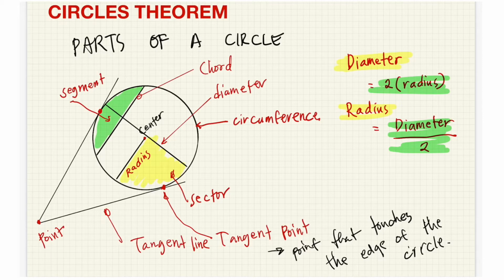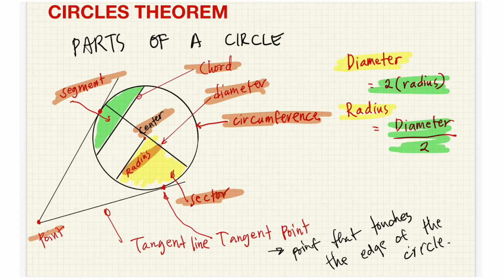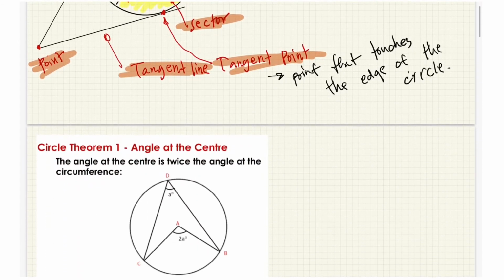You have a segment, a chord, a diameter, a circumference, a sector, a center, a radius, a tangent line, and a tangent point, which is the point that touches the edge of the circle. So I hope the parts of the circle are clear. Now let's move on to the theorems of the circle.